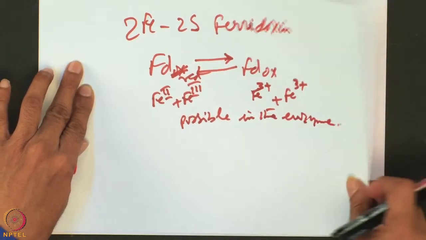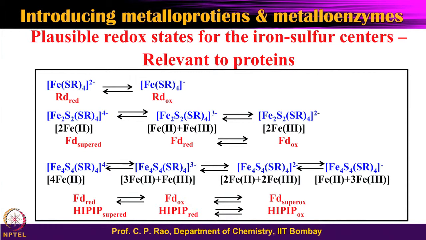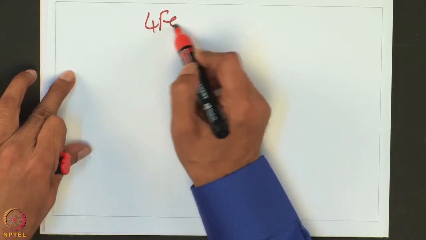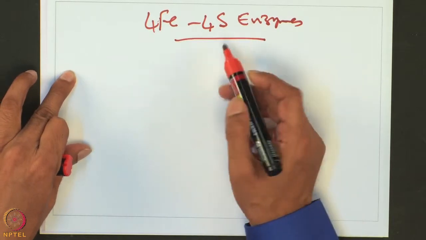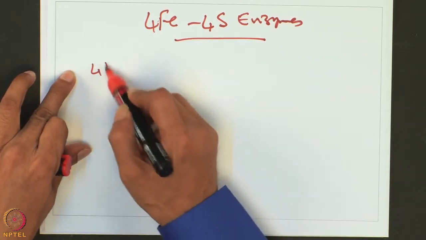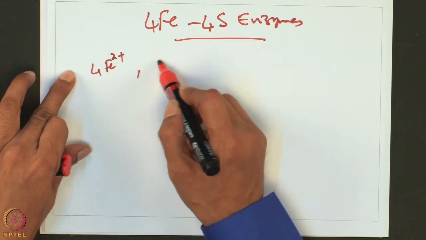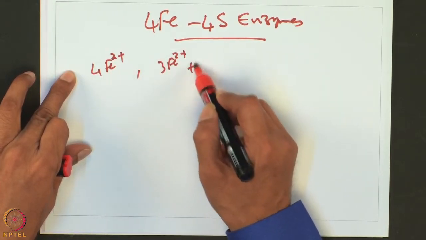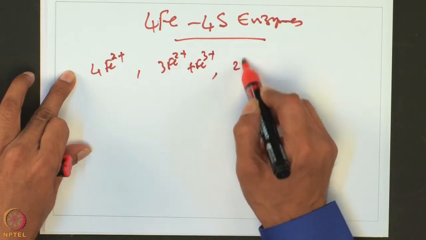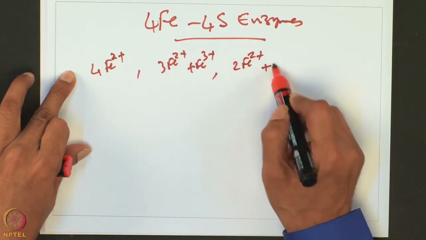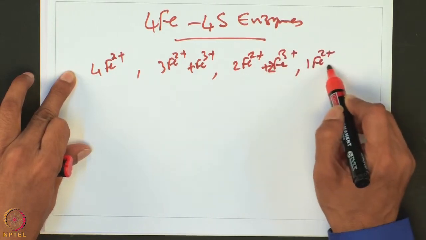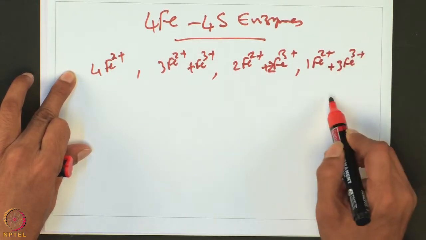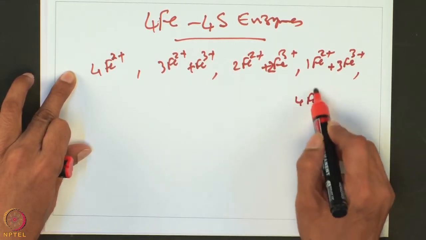And now, if you take the 4 iron 4 sulfur case, you have so many possibilities, of which the 4 iron 4 sulfur enzymes show: 4 iron 2s, 3 iron 2s plus iron 3, 2 iron 2s plus 2 iron 3s, or 1 iron 2 plus 3 iron 3s, and 4 iron 3 plus.